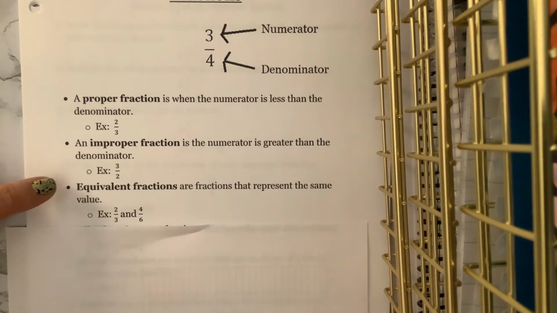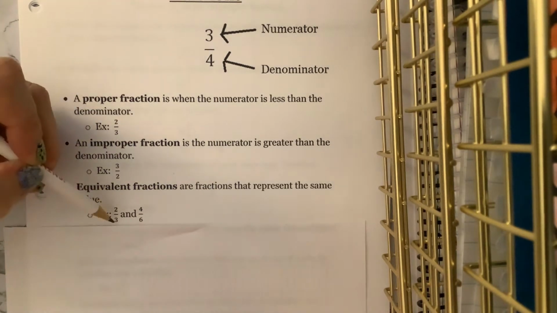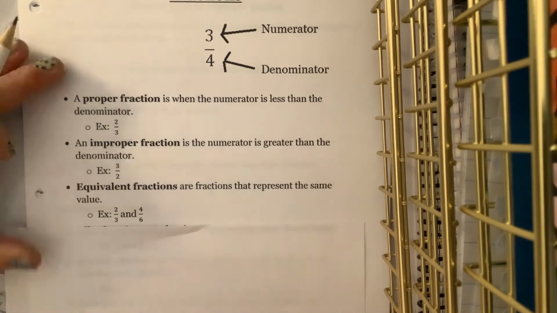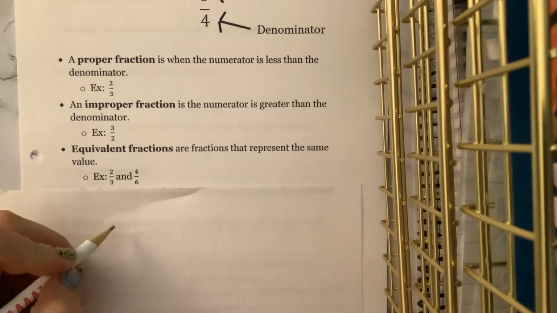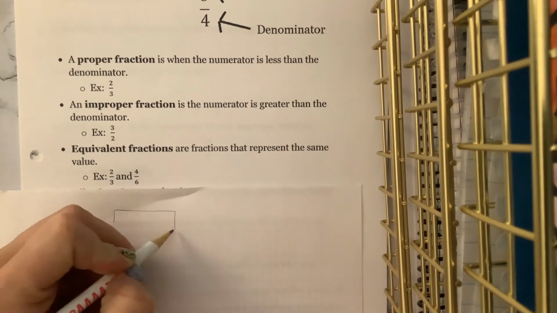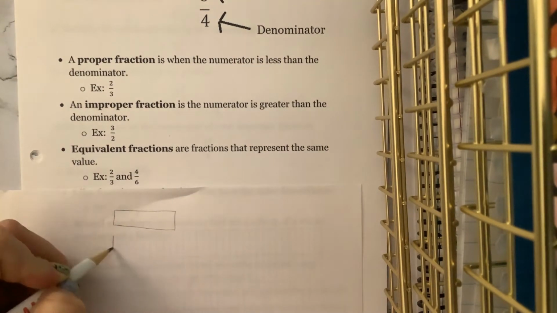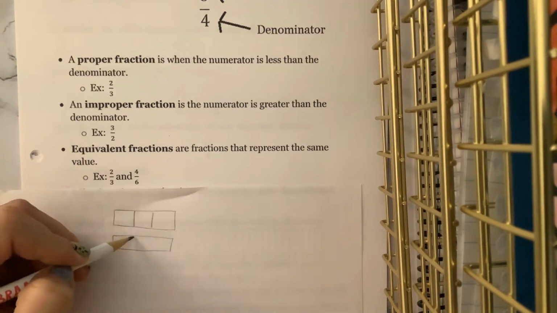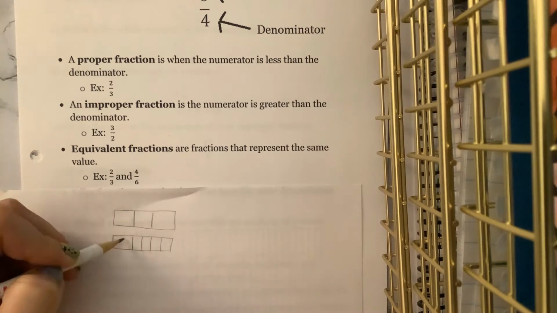Equivalent fractions are fractions that represent the same value, but they look a little different. So 2/3, 4/6, these are equivalent. If you were to draw a picture of 2/3, why don't I just do that? If we have unit bars that are equal in length, then we have thirds and sixths.